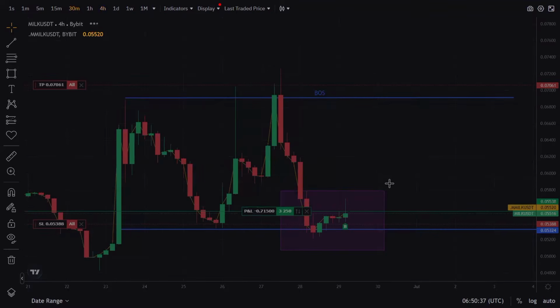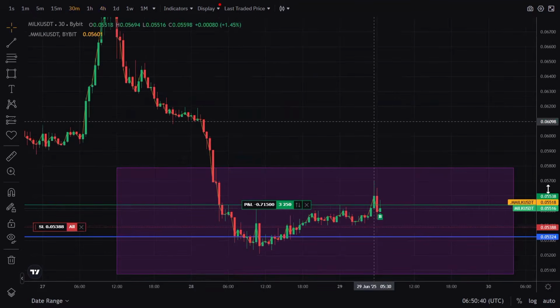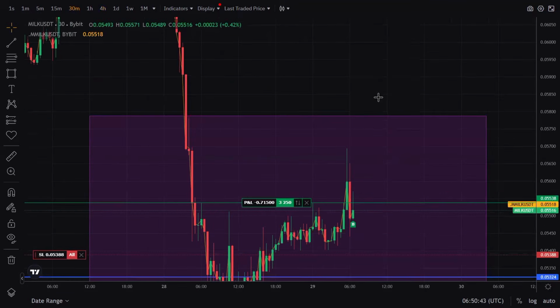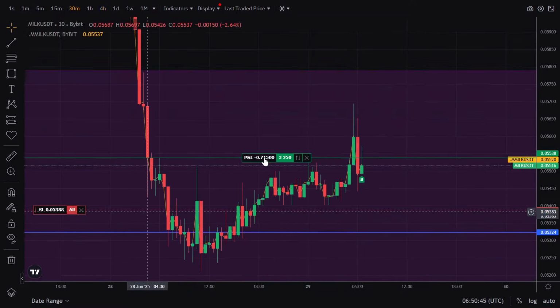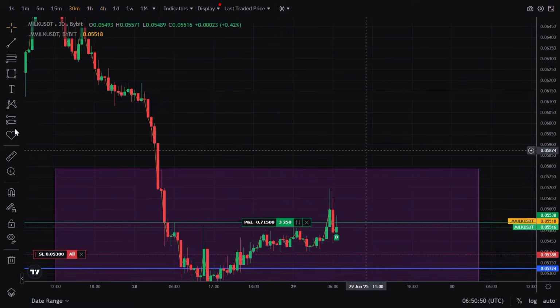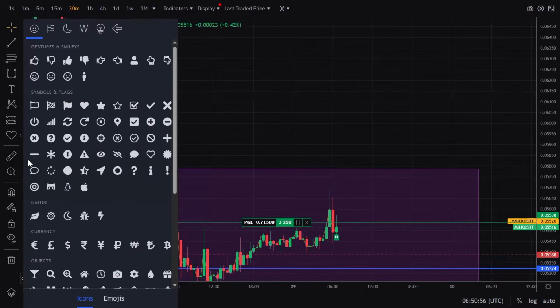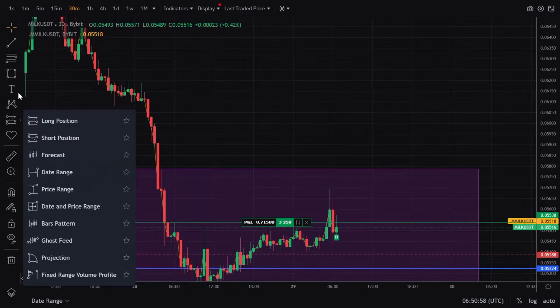Let's try the 30 minutes first, and let's see what price did. Now, we want to see a schematic like this happening. Just hold on, I'm going to show you right now.